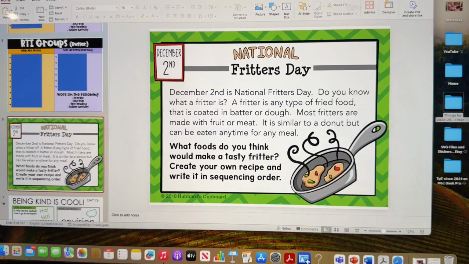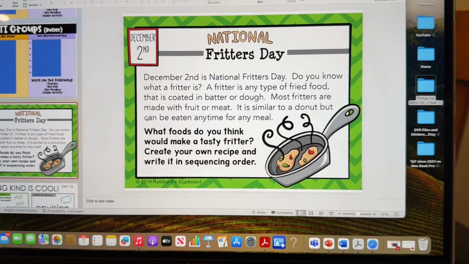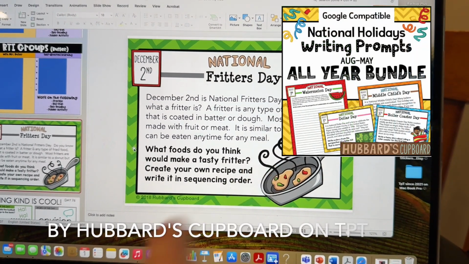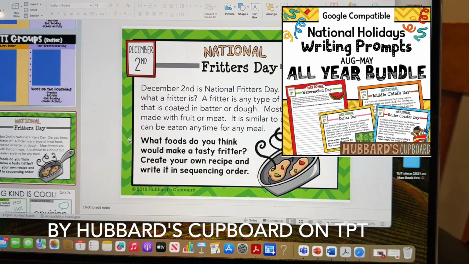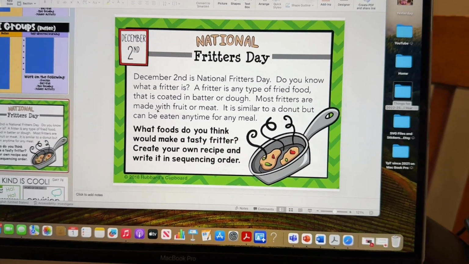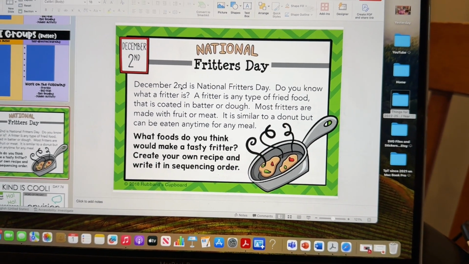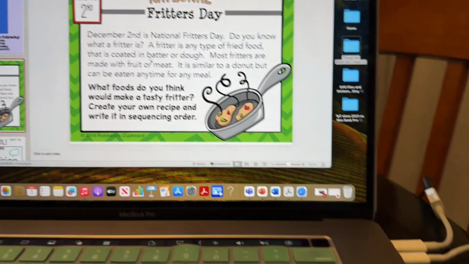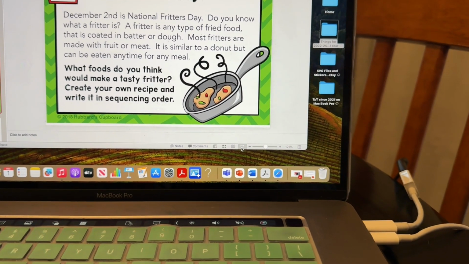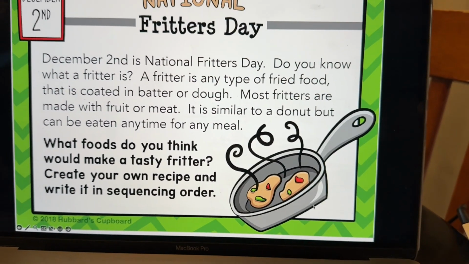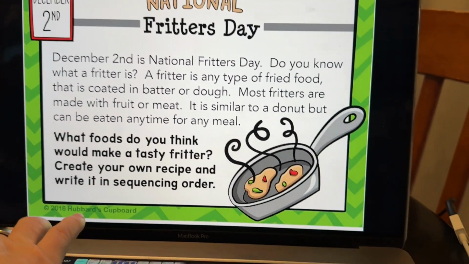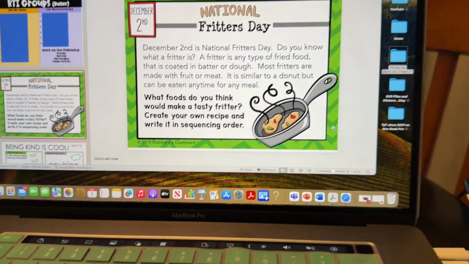This is from a product that I purchased, and I will put right here on the screen the product for you to see. It's the National Days. I put this up in slideshow mode, pretty close to it anyway. I'll show you really quickly. So that is what it would look like up on my whiteboard in class.